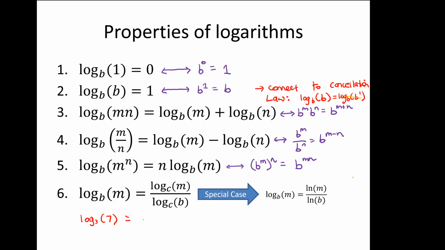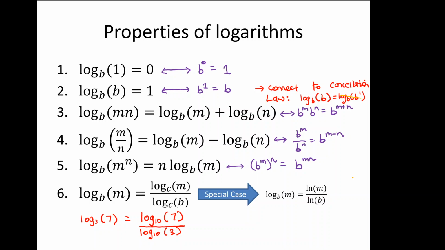So you use this formula, you choose c equals 10 because that's the button you have. So you'd have log base 10 of 7, then divide by log base 10 of 3. And that would be the decimal representation of log base 3 of 7 that you could actually get with the technology that you have at your fingertips. It's the same with a lot of other calculators as well.